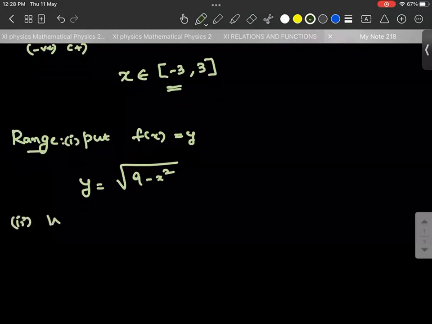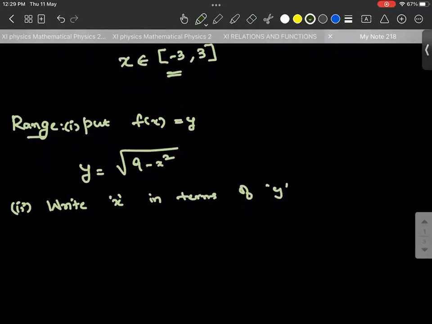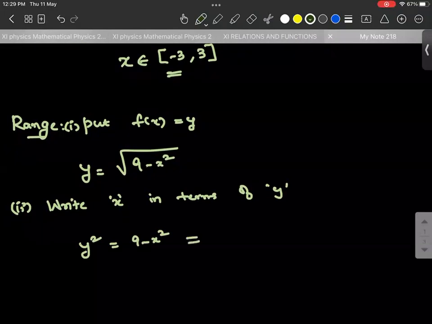Second step is write x in terms of y. Means square on both the sides. You get y square is equal to 9 minus x square, which implies x square is equal to 9 minus y square, which implies x is equal to plus or minus square root of 9 minus y square.